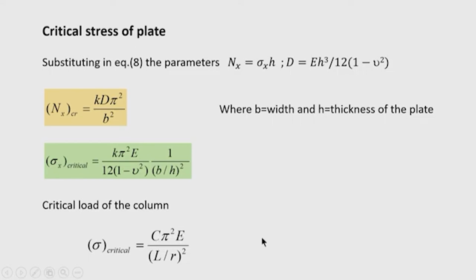For one end fixed, other end free, that C will also be different. But here this expression is only valid for the simply supported condition along the 4 edges. No other boundary condition is applicable for that plate, because K here is taken according to that condition.